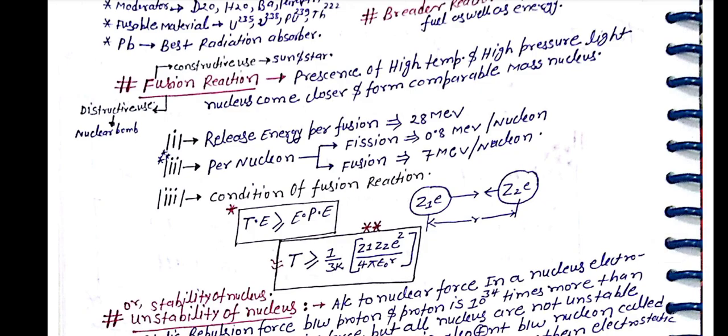Fusion reaction needs high temperature and high pressure. Light nuclei come closer and form a nucleus of comparable mass. So in a fusion reaction, when high temperature and high pressure are applied, nuclei that are very light come together and form a comparable mass nucleus.